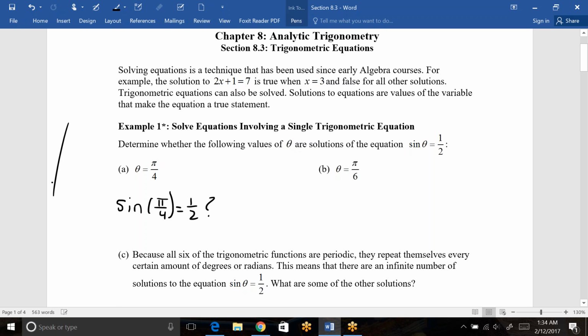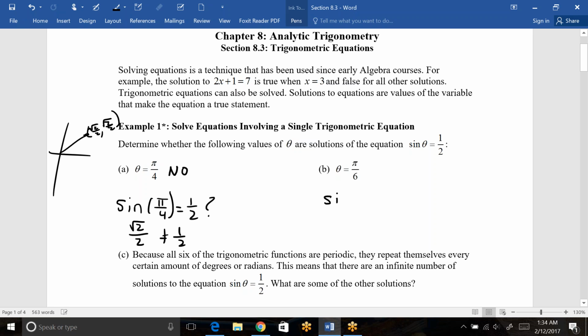Well, if you remember on your unit circle, pi over 4 is 45 degrees, and that ended up being square root of 2 over 2. So this is square root of 2 over 2, which does not equal 1/2. So therefore, this is not a solution to the equation.